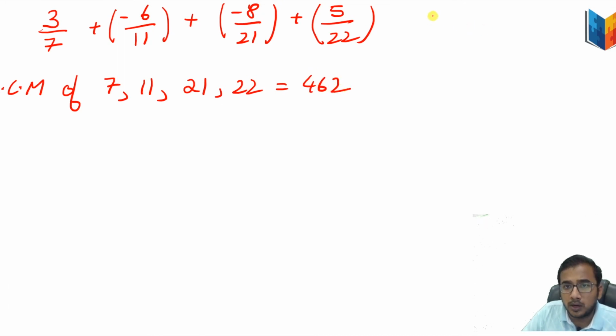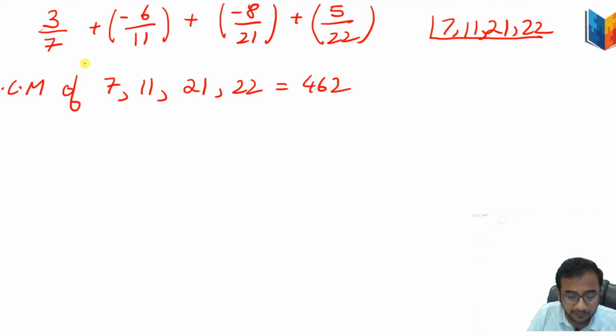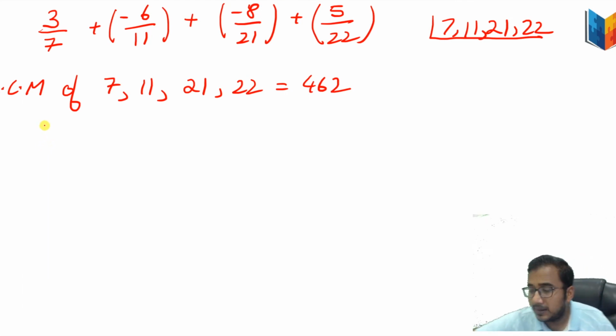So you all know how to find the LCM. 7, this is the common method, and 22, you can find the LCM using this method. So if 462 is the LCM, you all know that I have to make the denominators equal.